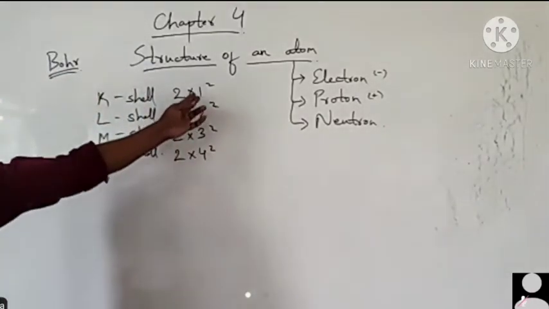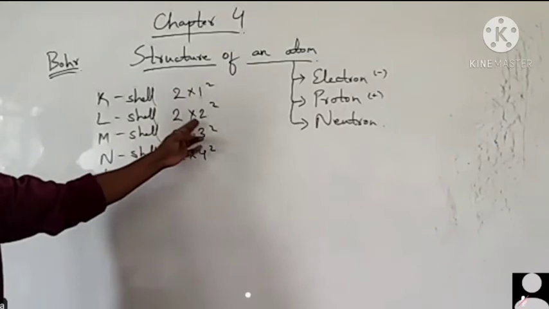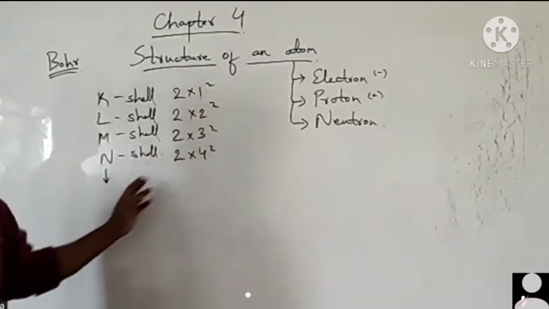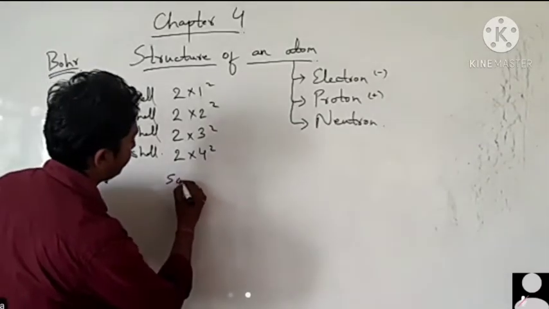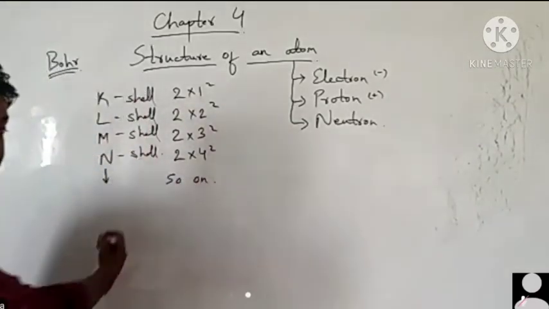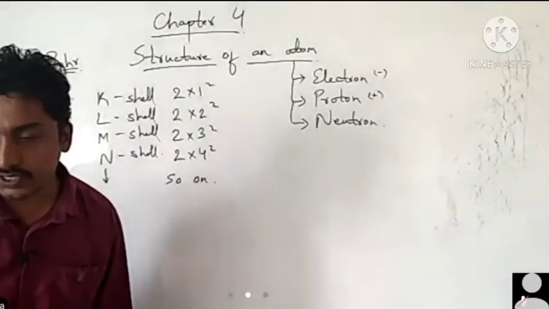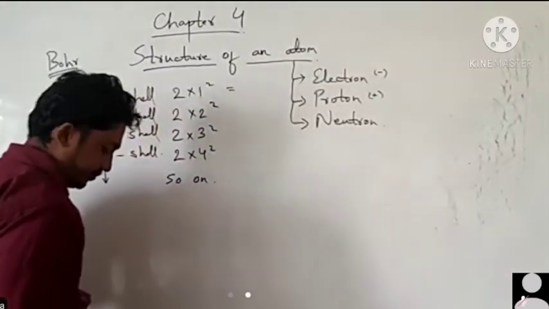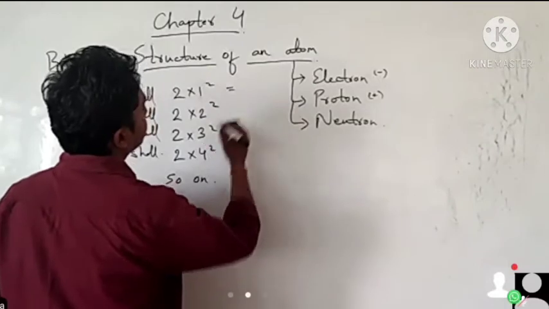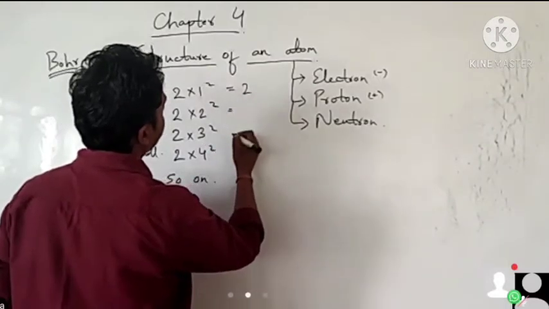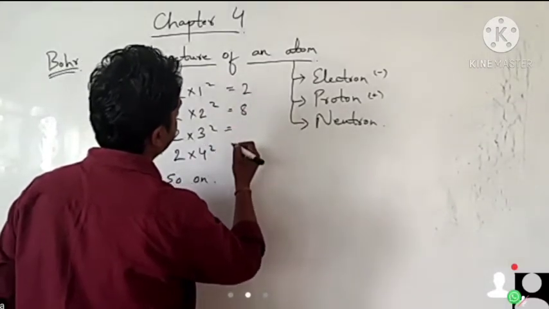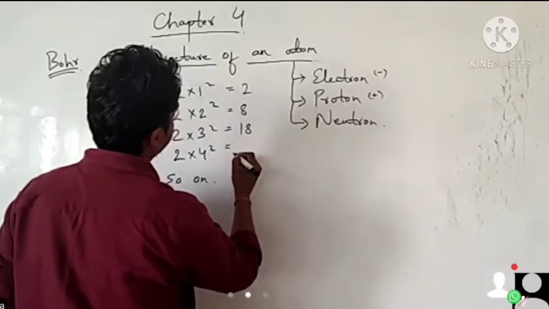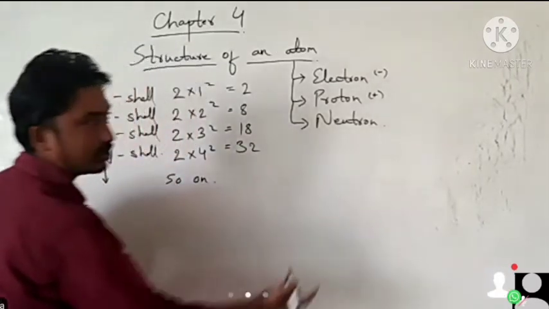So 2 into 1 to the power 2, 2 into 2 to the power 2, 2 into 3 to the power 2, 2 into 4 to the power 2 and so on as the shell increases. In this case the number of electrons will be 2, here 8, here 18, here 32 and so on.